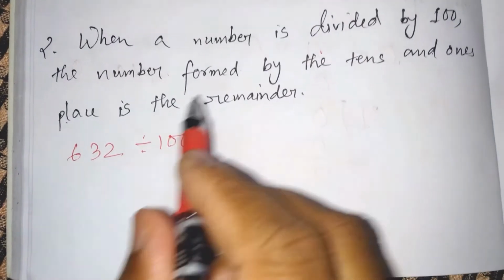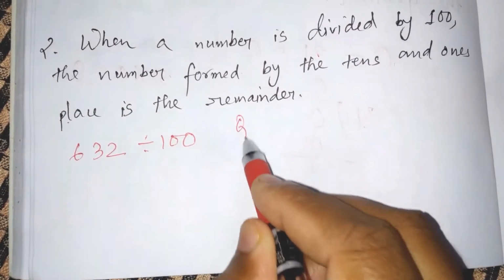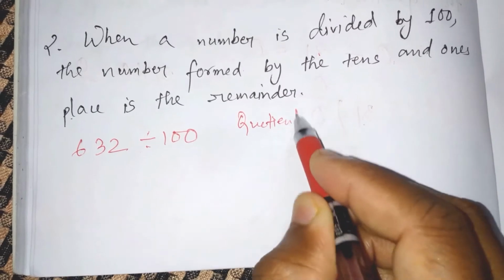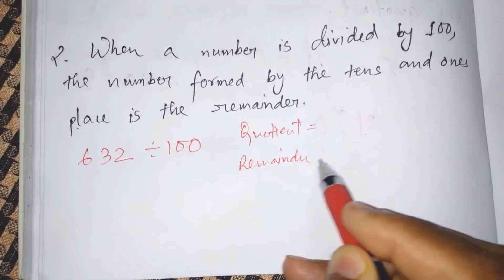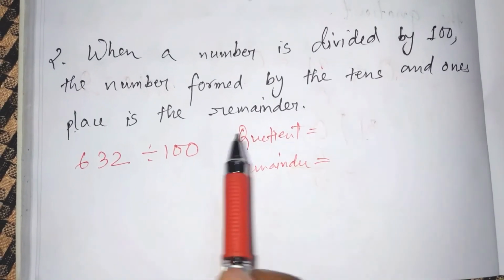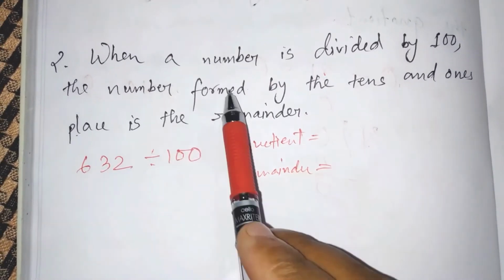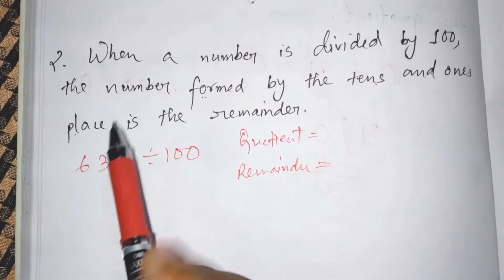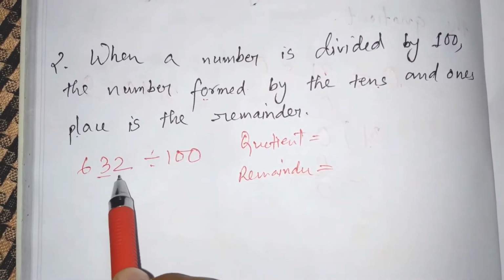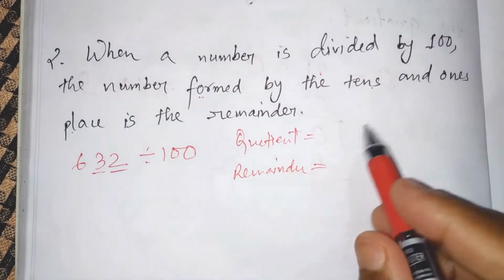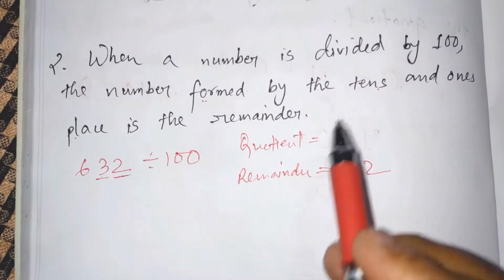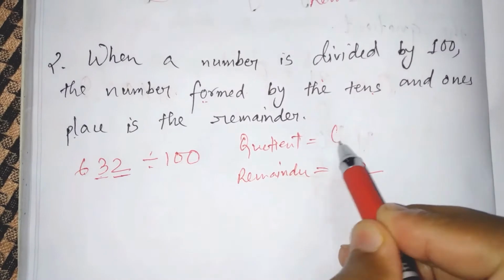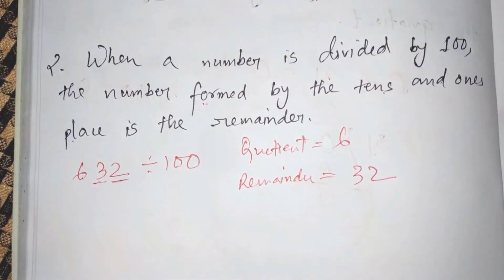According to this rule, the remainder will be the number formed by the tens and ones place. You have 3 in the tens place and 2 in the ones place, so the remainder will be 32, and the remaining 6 will be the quotient. I think you have understood this one also.